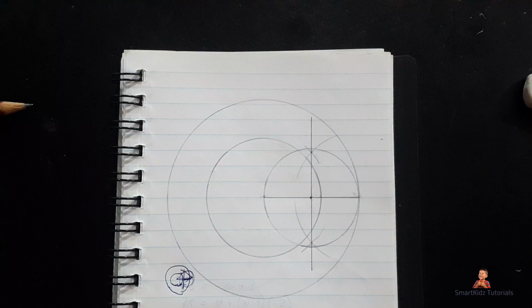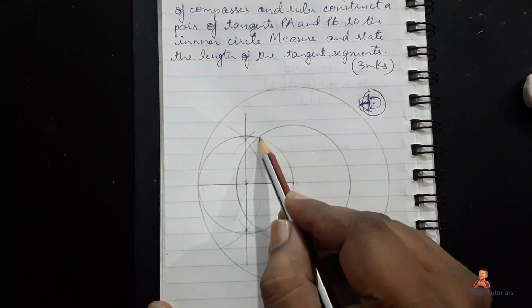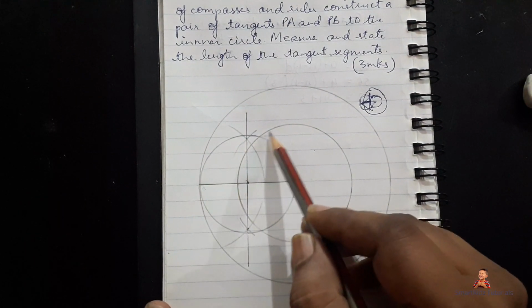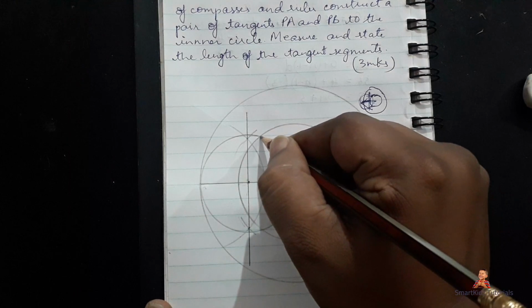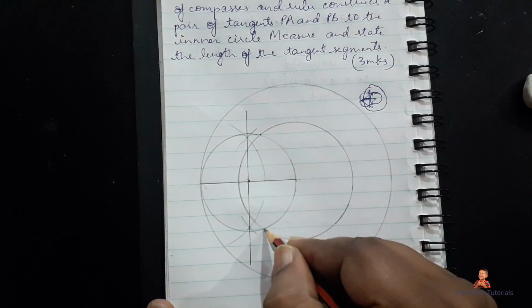And now a new circle is ready. Now you see this point over here where this new circle that we have drawn intersects with this internal circle right on top over here. Okay, we're going to mark it here, and it intersects over here as well in the bottom. We're going to mark this as well.